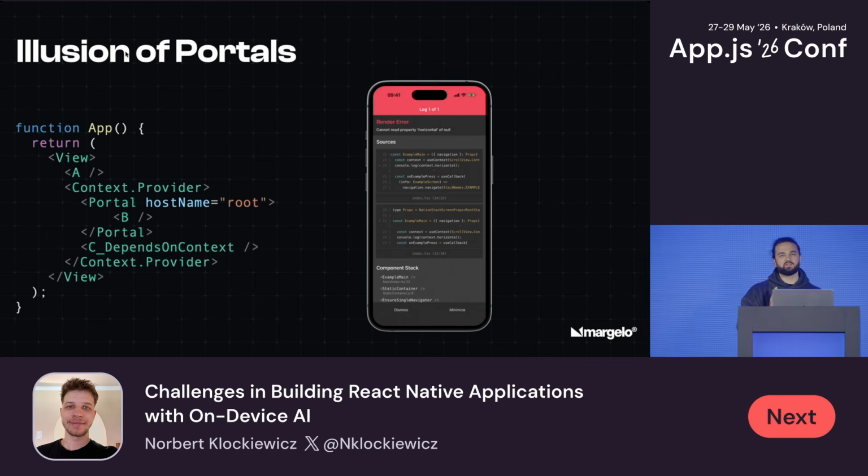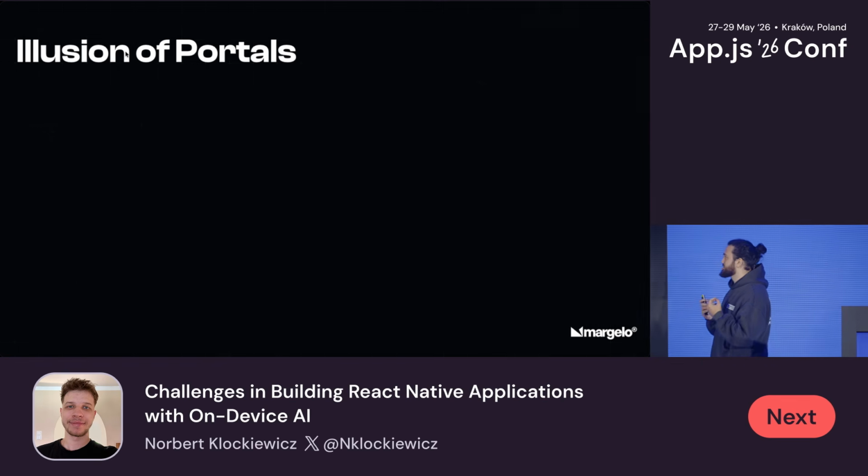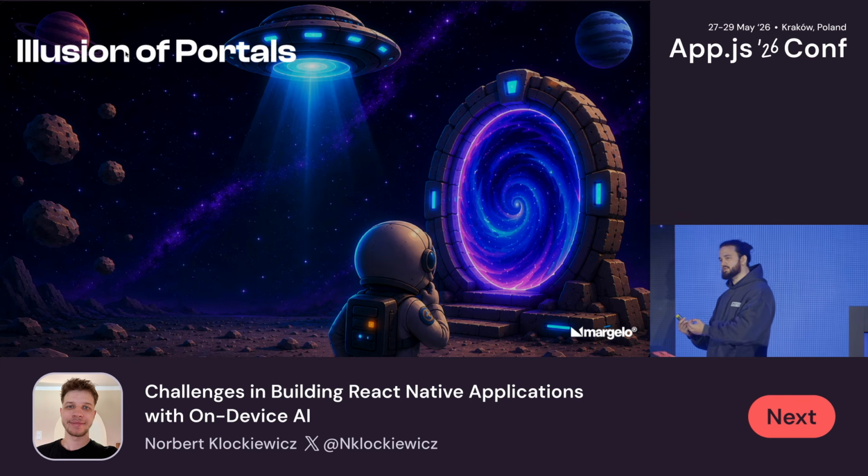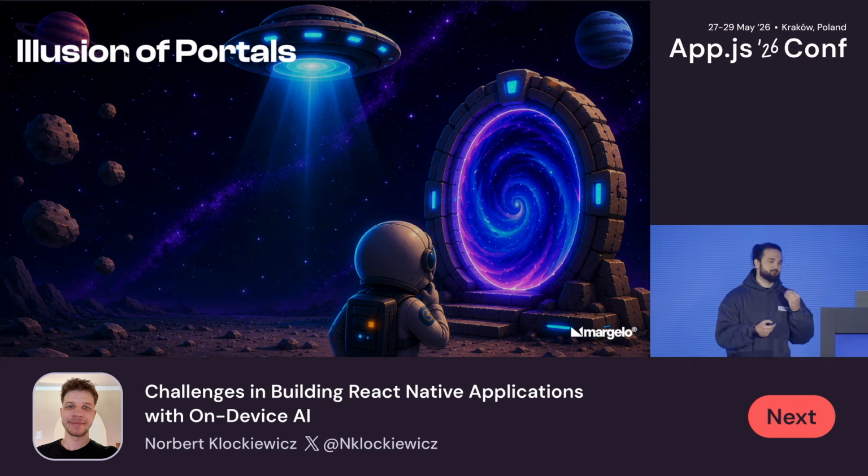We are trying to preserve React's model while reshaping the structure of the tree and runtime. So, on the surface, it looks very similar to a portal. But it isn't really a portal. It's more like a simulation, an approximation, an illusion.